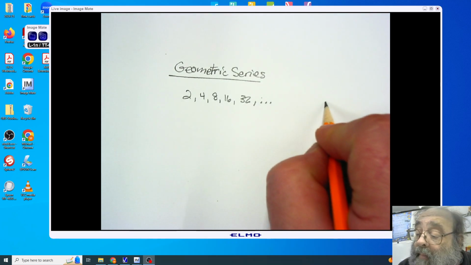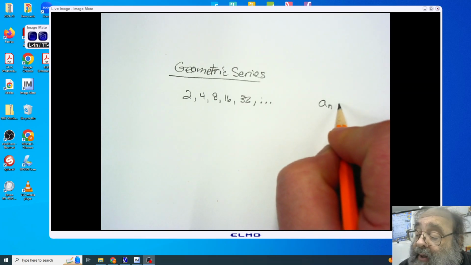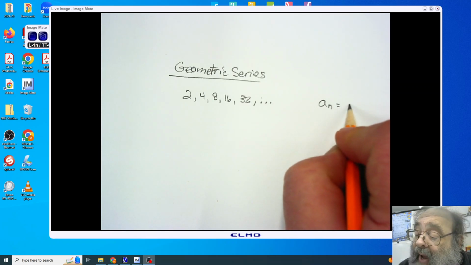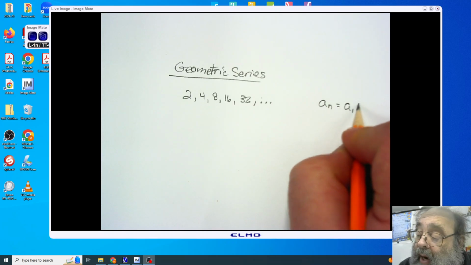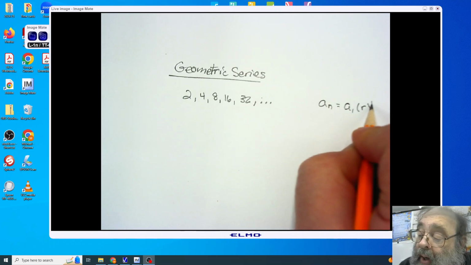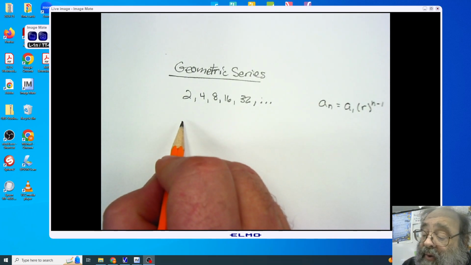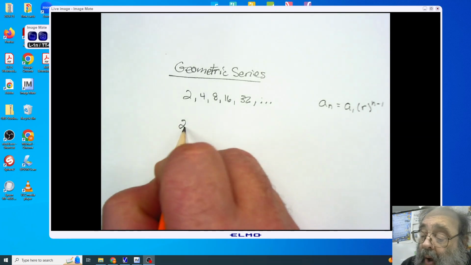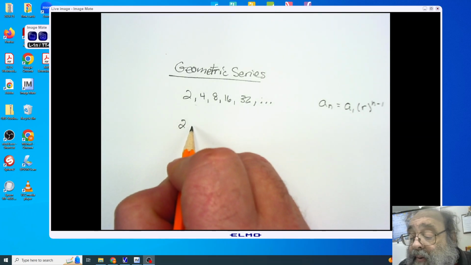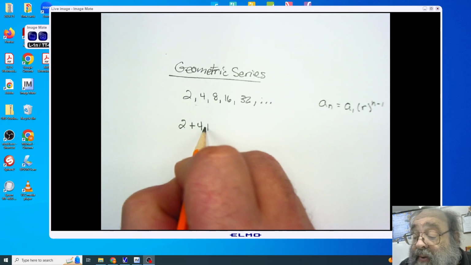We know our formula for a geometric sequence is a sub n is a sub 1 times the common ratio r to the n minus 1 power. And we know that if we wanted to write this as a series, all we do is change the commas into pluses.